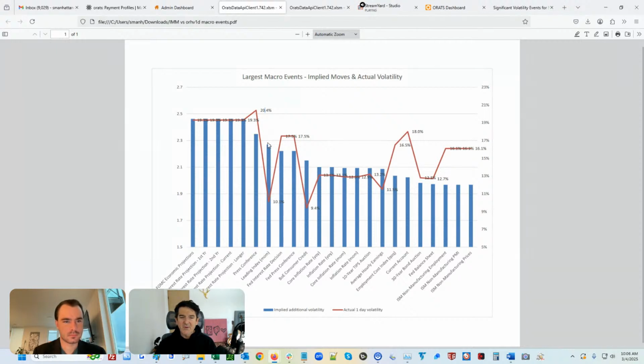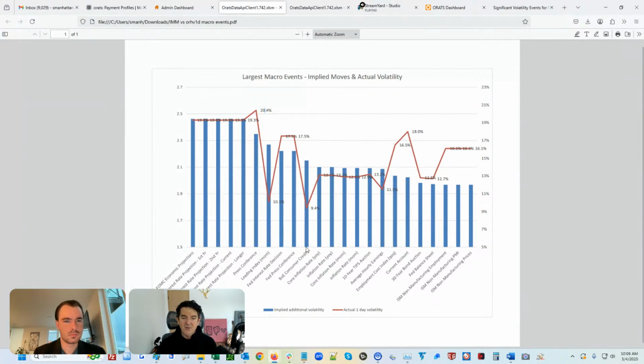So if there's a big implied move and not so big of an actual move, that says that the market might be over-implying a move on that particular day. Gotcha. The leading economic indexes month over month is one such day.